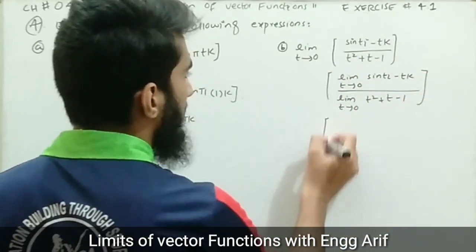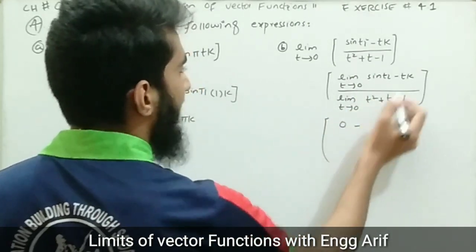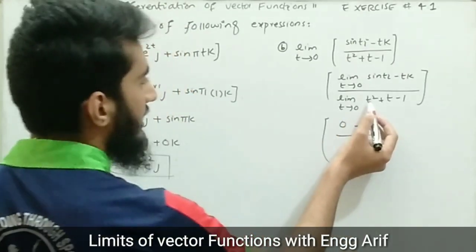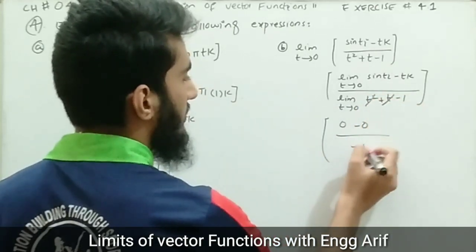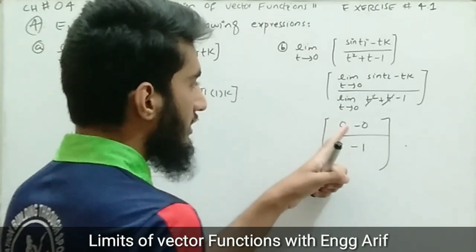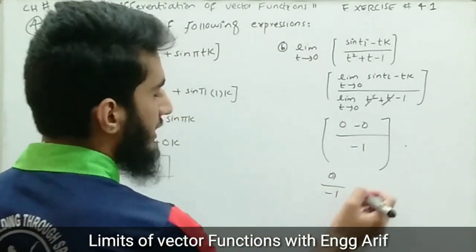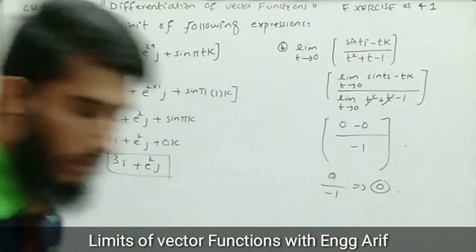By putting t as 0, sine 0 gives us 0, minus t, with t being 0, gives us 0, divided by the denominator: t square with t being 0 gives us 0, so we are just left with minus 1. So 0 divided by minus 1, and 0 divided by something gives us the value 0, so the required answer is 0.